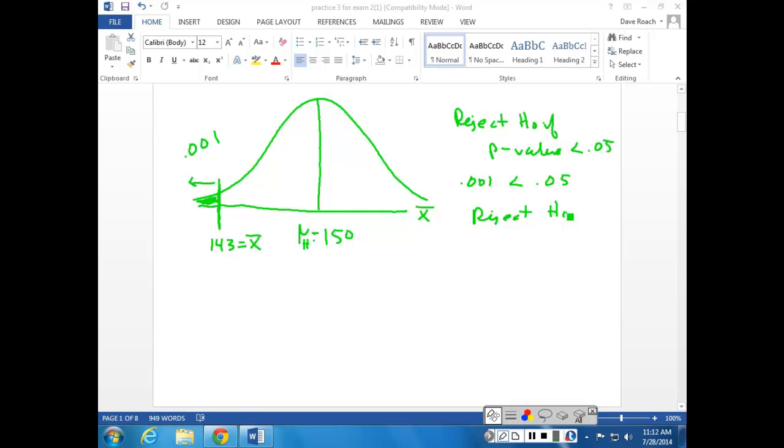I'll also ask you to write an if-then statement, or I might say write a conditional statement that explains what this is. Basically, all you're doing here is taking this picture and putting it into words. If H0 is true, then there is a p-value chance of getting the area that we have shaded.